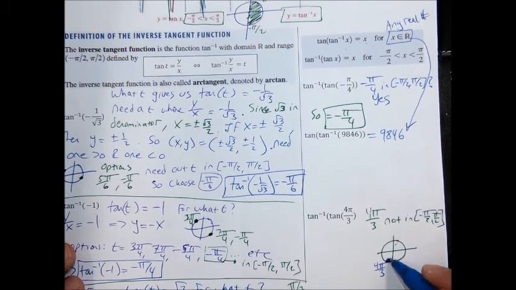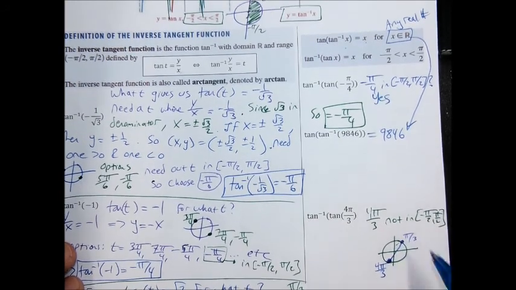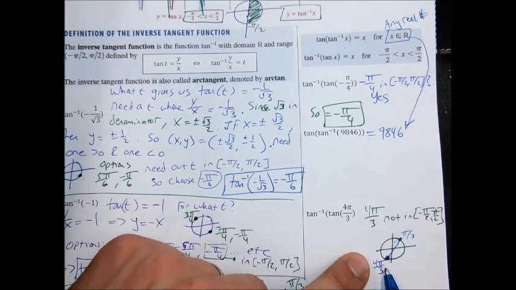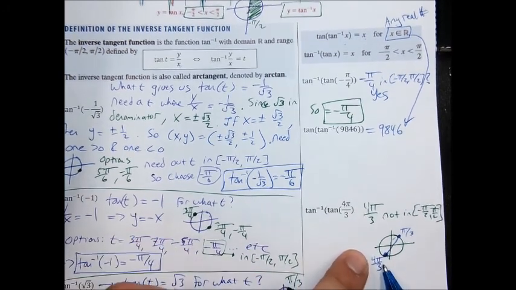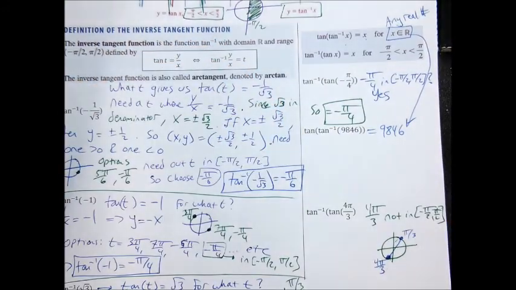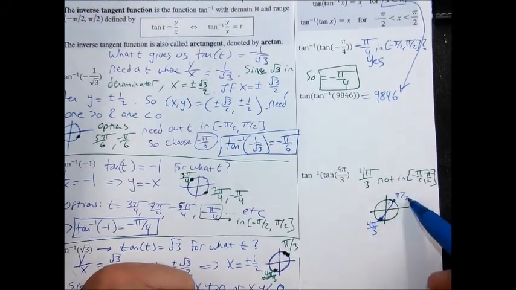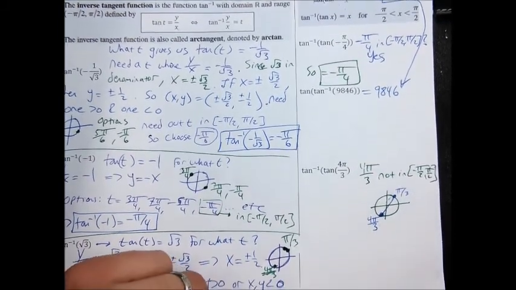Pi over 3, right? This one. They're going to have the same points, except for the bottom one, 4 pi over 3, they're both negative, and for pi over 3, they're both positive. But when you divide the two, you'll get the same answer. And so pi over 3 is just as good of an answer as 4 pi over 3.